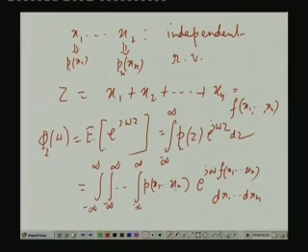So, this joint density is nothing but the product p_x1 into p_x2 dot dot dot into p_xn, the product of the individual densities, multiplied by e to the power j omega times x1 plus x2 plus dot dot dot xn, which can then be separated. So, I can have one term p of x1 into e to the power j omega x1 under one integral with respect to x1, then another term p of x2 into e to the power j omega x2 under another integral with respect to x2, and so on and so forth.